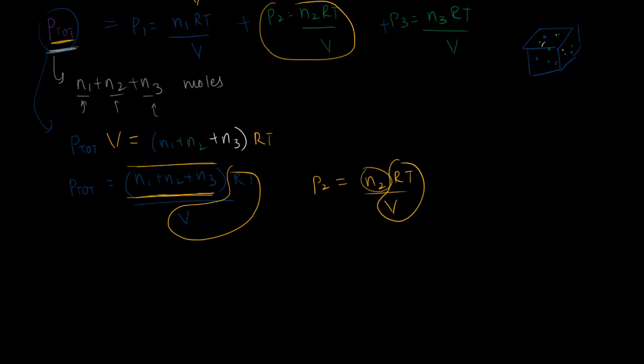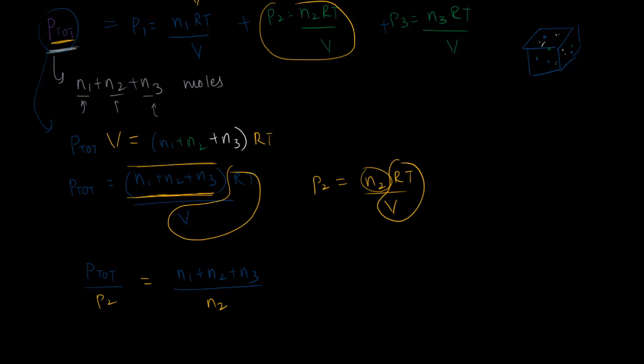So if you divide both of these equations, you will get P total divided by P2 equal to just the ratio of the number of moles in each case. In the first case, you have N1 plus N2 plus N3. In the second case, you just have N2.